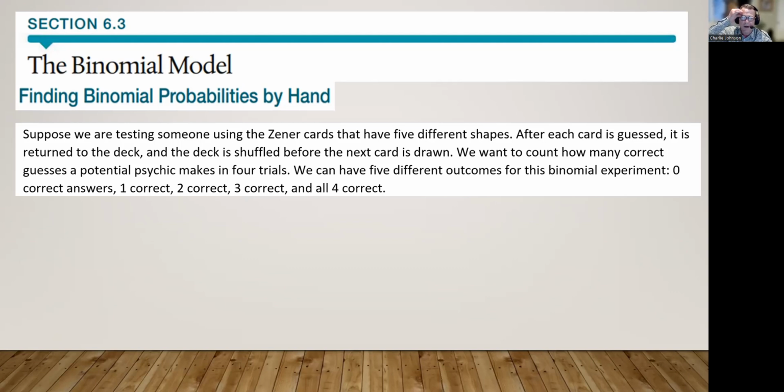We want to count how many correct guesses a potential psychic makes in 4 trials. The psychic is going to guess at what shape is shown on the card. And there's 5 different outcomes, and we're going to record whether or not they guess it correctly.